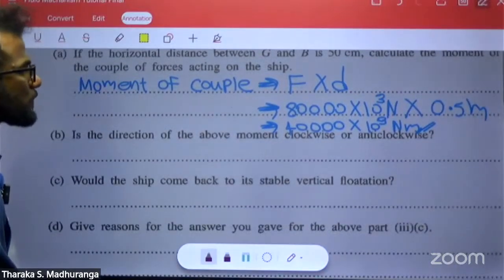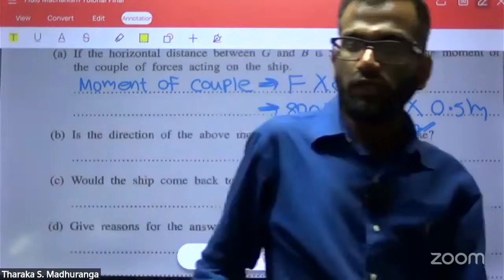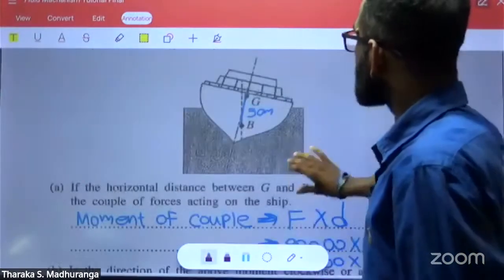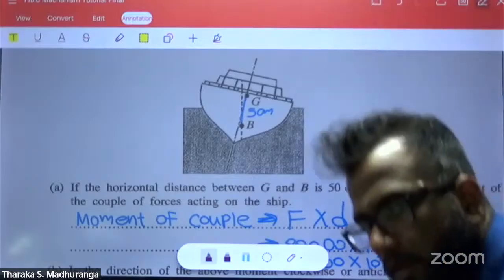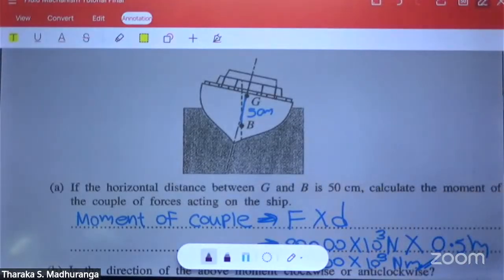Is the direction of the above moment clockwise or anti-clockwise? The ship is rotating in a clockwise direction or anti-clockwise? Quickly. Devon, is it clockwise or anti-clockwise?